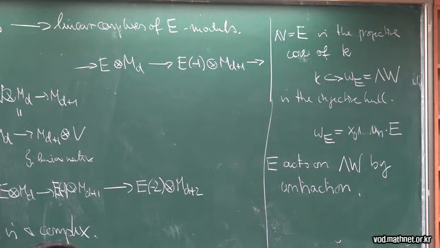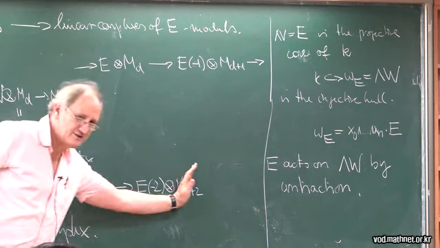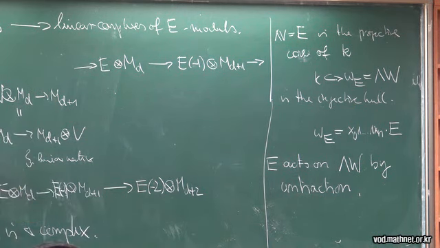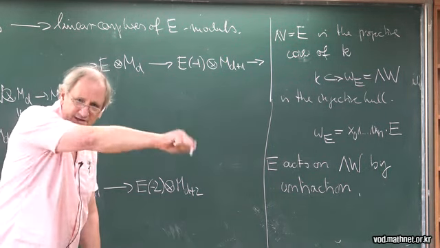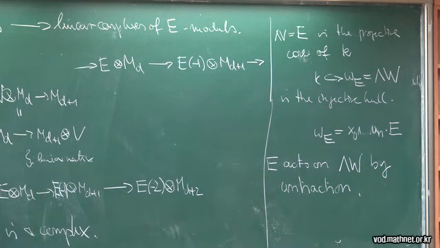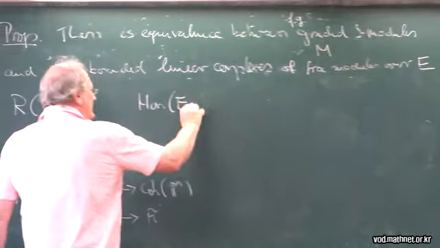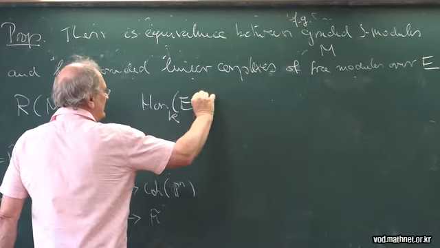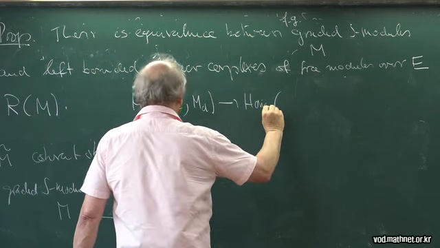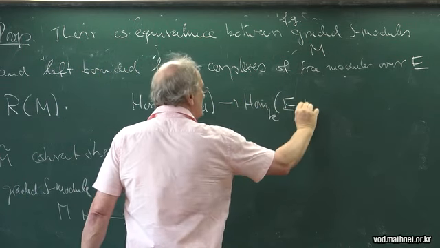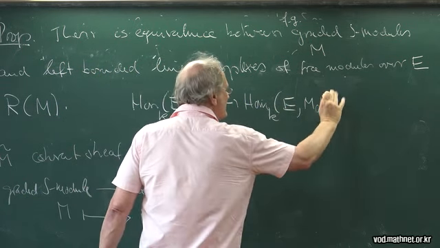For that reason, because these complexes go in this direction, it would actually be better to replace E by omega_E, because then we would have the right objects for the injectives. So we define R of a graded module M to be the complex Hom_K(E, M_d) going to Hom_K(E, M_{d+1}).